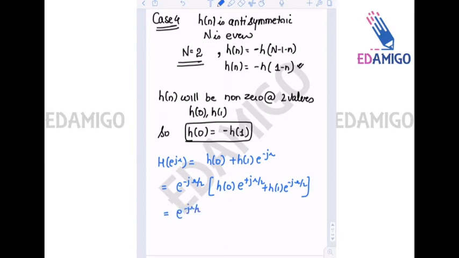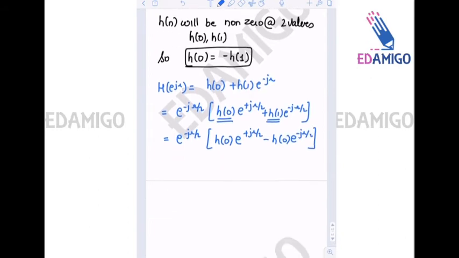Now since these two terms are opposite to each other, I can write it as h0 e to power plus j sigma by 2 minus h0 e to power minus j sigma by 2. This will make a sine term and we will get 2j into h0 sine of sigma by 2.